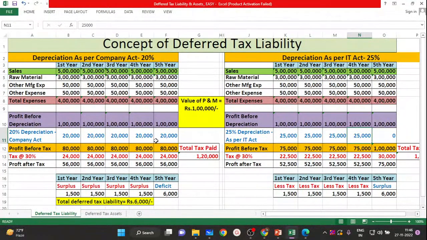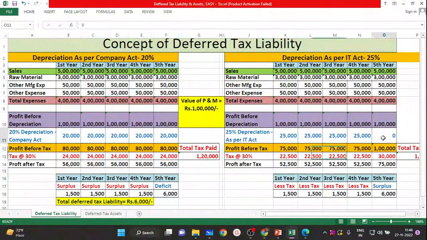As per the Company Act, the company has made depreciation for all 5 years, because it is at 20%. So 20 for 5 years, 100%. As per Income Tax Act, the company has made the depreciation for 4 years, because in 4 years it becomes 100%. So in the last year, the company has made the same 24,000 as per Company Act.